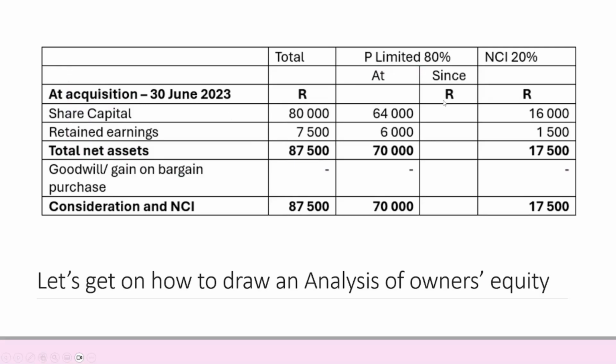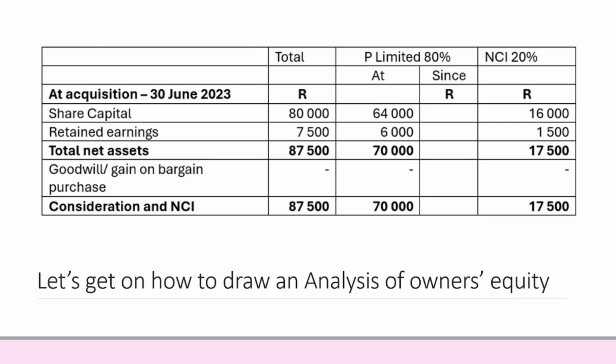So at acquisition, I expect nothing to be in the since column, because the since column represents transactions that have happened from after the acquisition point to before the current year has started.